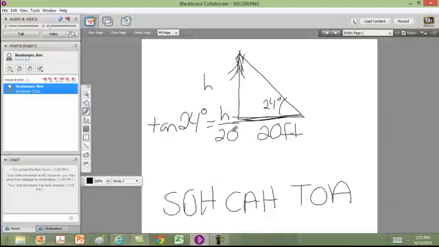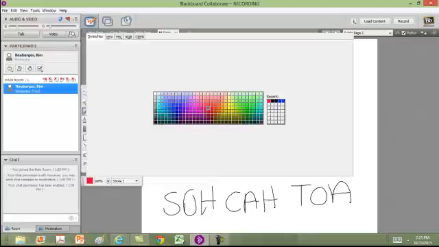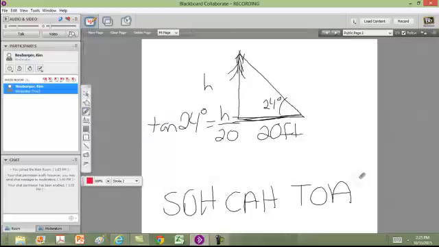So to solve this equation, the first thing you want to do is get rid of your fraction. So let's multiply both sides by 20. When we multiply both sides by 20, these 20s cancel, and your height is 20 times the tangent of 24 degrees.